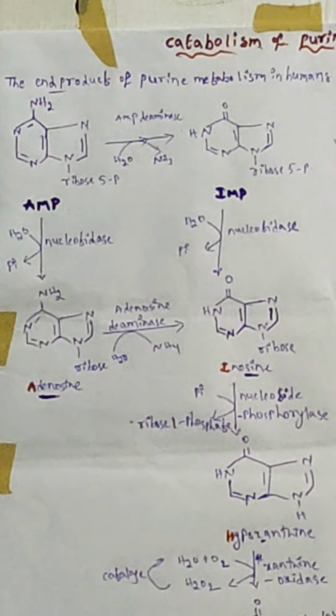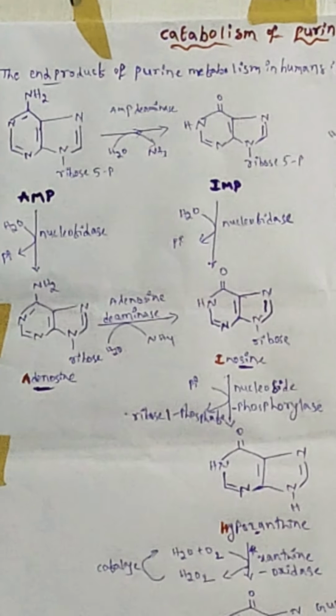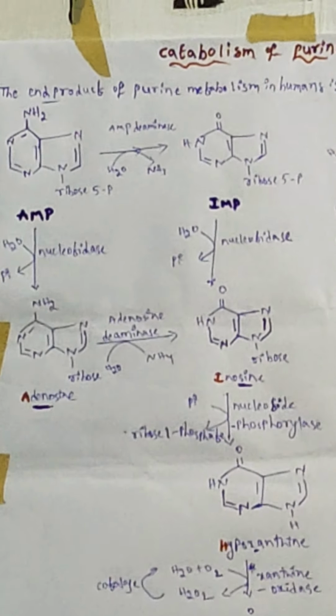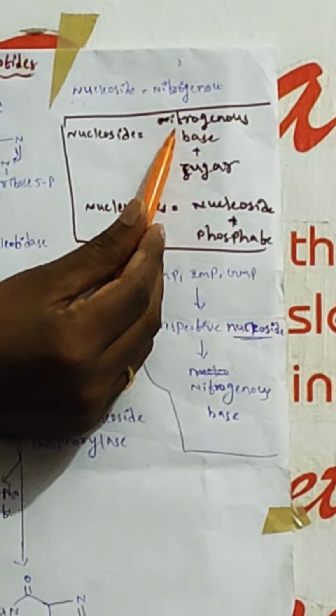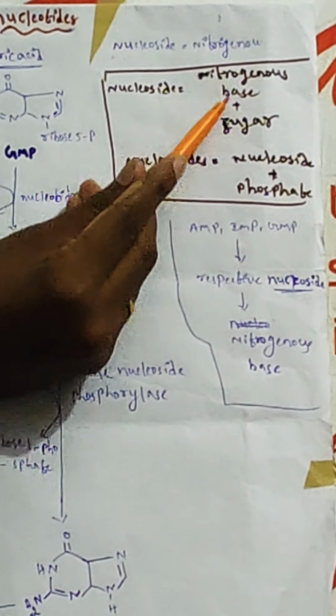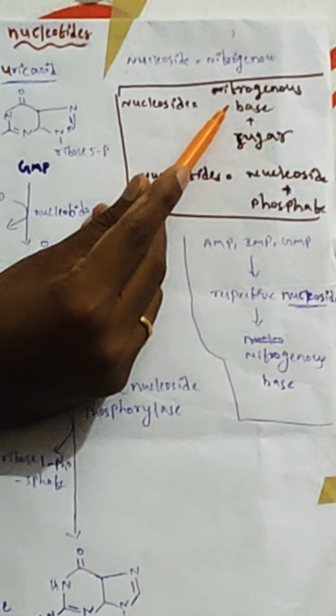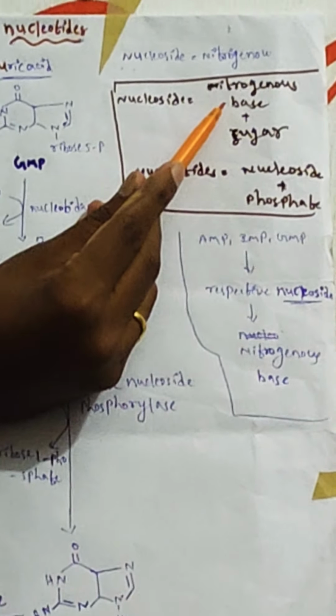Before explaining, I would like to give a brief introduction about what is meant by nucleoside and what is meant by nucleotide. First, a nucleoside is a combination of nitrogenous base plus sugar. The nitrogenous bases may be adenine, guanine, cytosine, uracil, thymine.